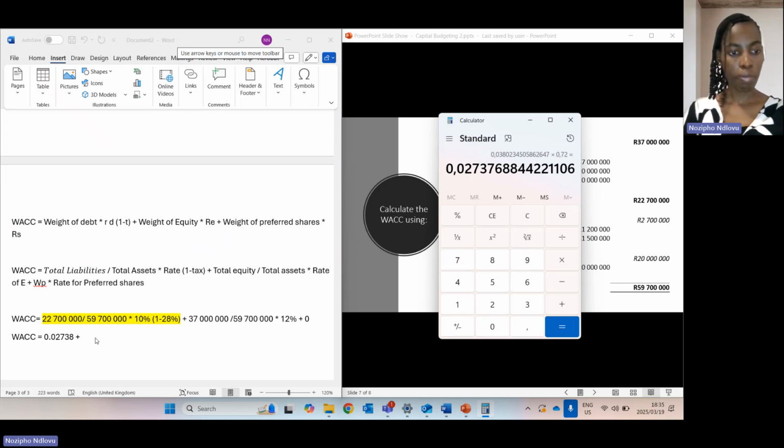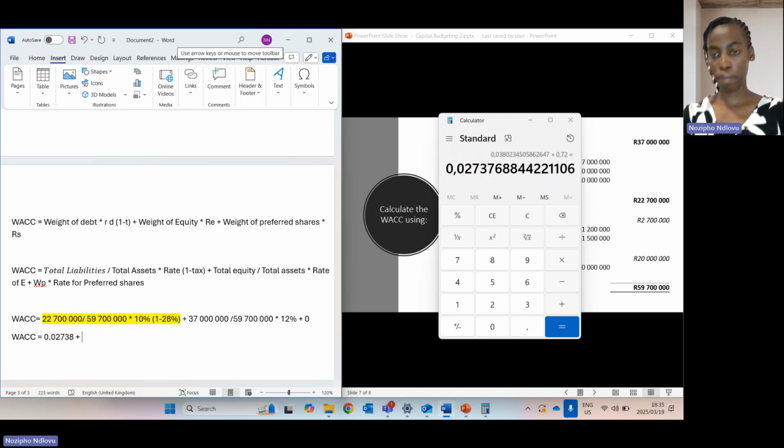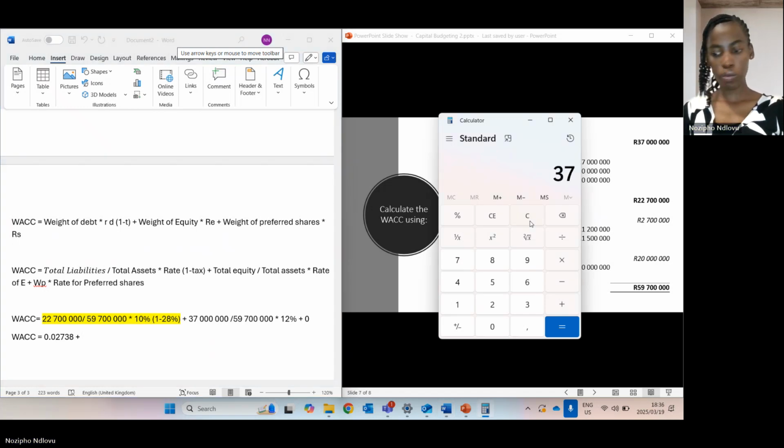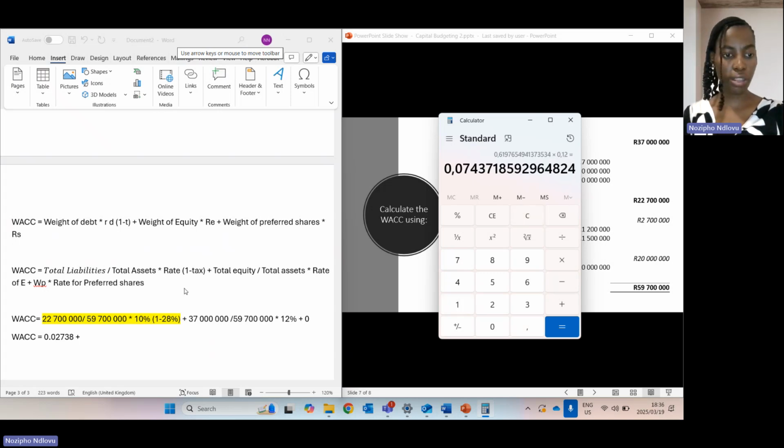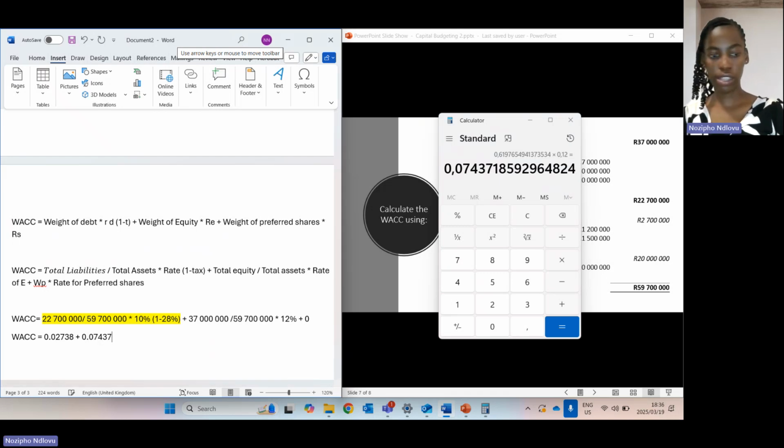Okay, now let's move on to the next one, where we have 37,123 divided by 59,700. We have that multiplied by 0.12. Then we find our answer to be 0.07437, yes, 372.